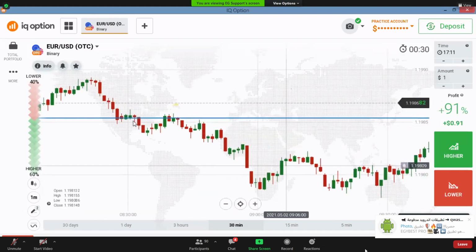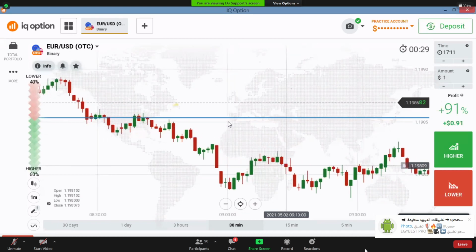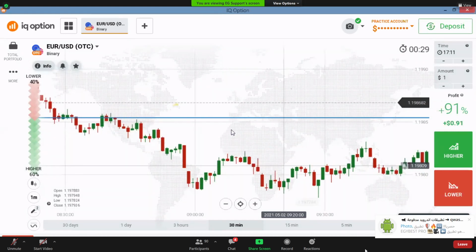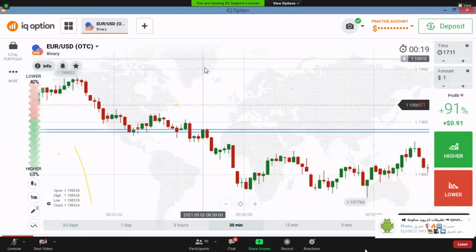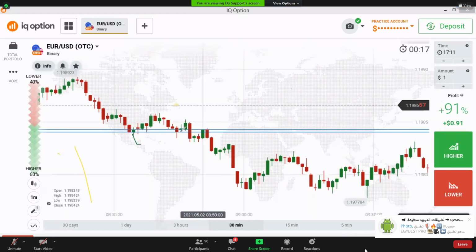So here there is a level. Here also you are seeing a level. It was a support zone previously. After breakout, it got support and reversed. So you can trust this level in the future because it's a complete SNR level.